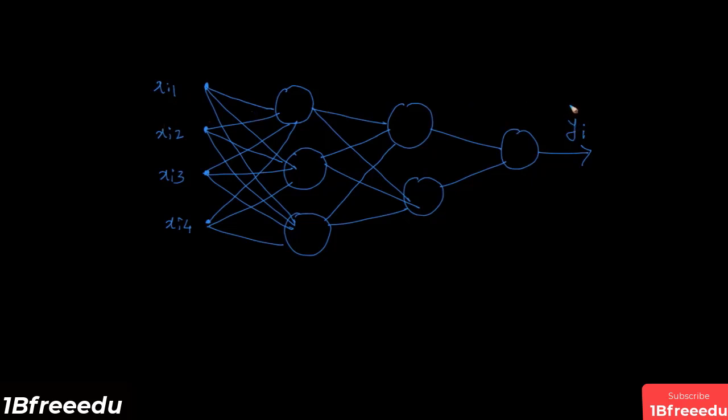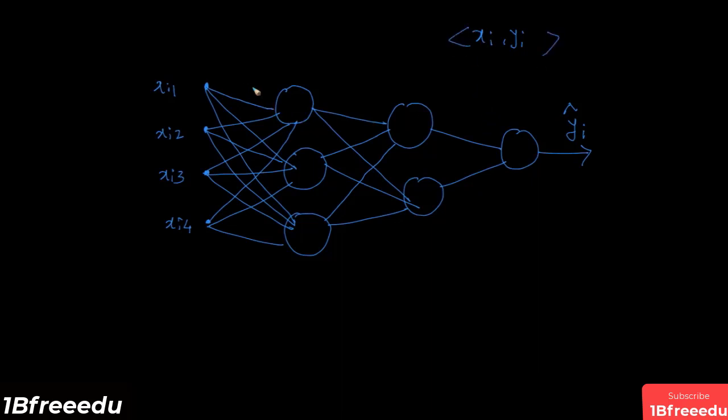Let's call it yi hat, because this is not the actual output. The actual data point was xi comma yi. So yi hat is the output produced by this neural network. If this yi hat is exactly equal to yi, that means this data point is producing the output very accurately.